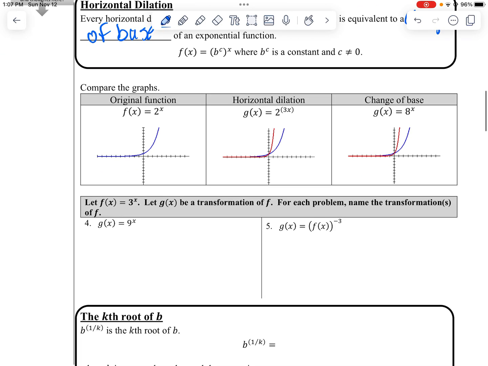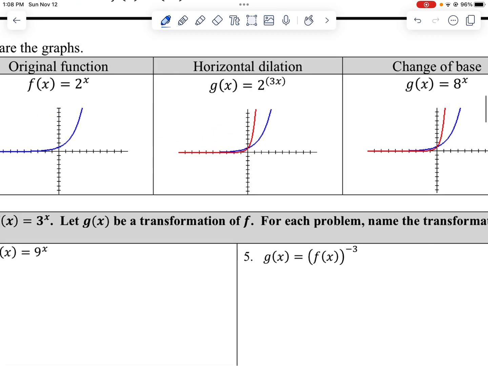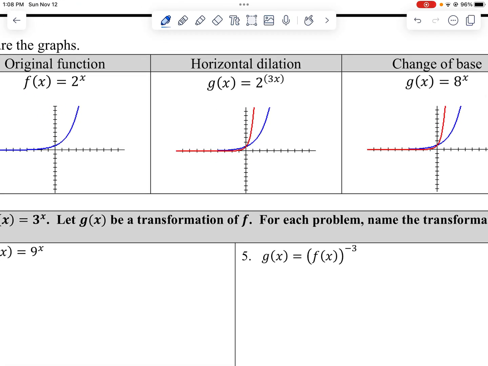So if we take a look at this again, we'll start with 2 to the x. So 2 to the 3x, again, this is 1/3 times our x value. So for example, our original one here, 2 to the 0 is 1, 2 to the first is 2.